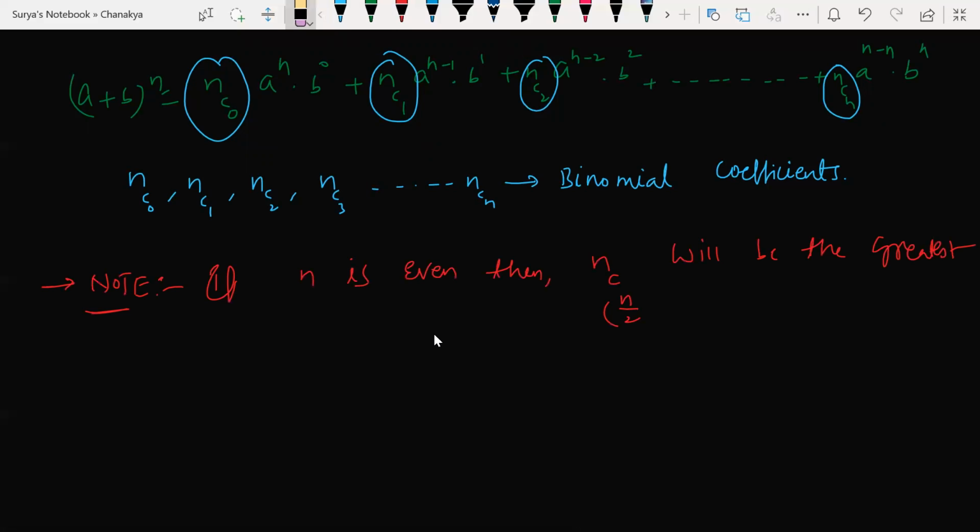Correct. For suppose, look at this here. If I take an example, if n is even, this will be the greatest. nC(n/2) is the greatest term.